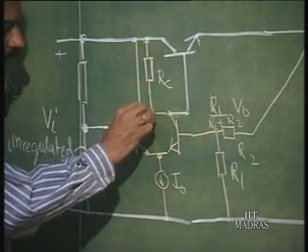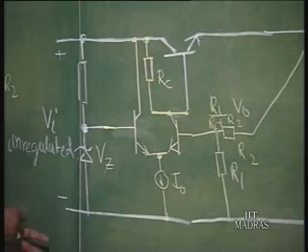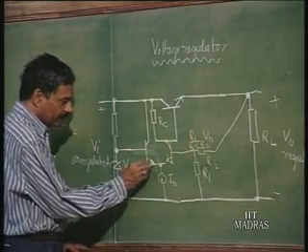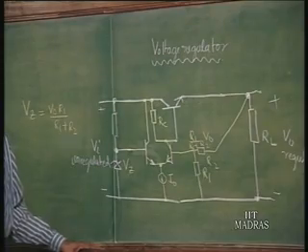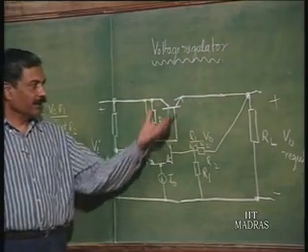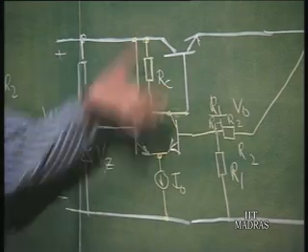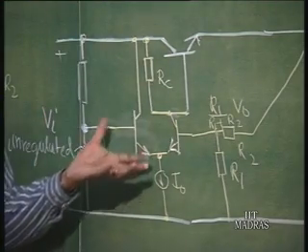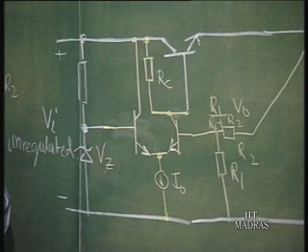So, you will see that this configuration is normally available as a voltage regulator IC. In the IC, manufacturers have a differential amplifier and a series pass transistor and a voltage reference as part of the IC. So, this is a crude picture of a voltage regulator integrated circuit.